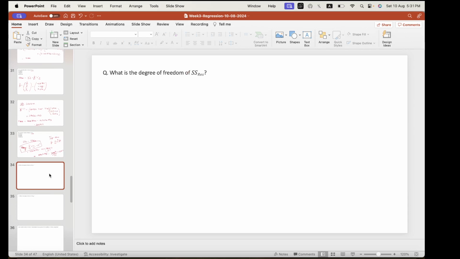Okay. Now the question is, what is the degree of freedom SS residual? SS residual degree of freedom is n minus k, where k is the number of parameters. Okay. So here we have what?